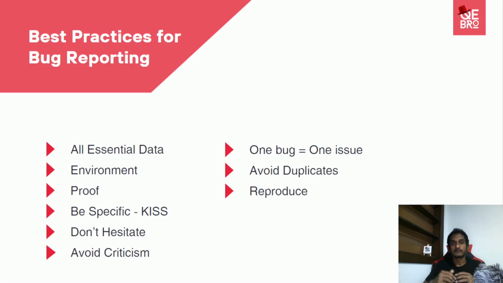But instead, if you report it as a new bug, the people might forget about the last one, and then they might have to spend more time again from scratch to go through all these details. So if it is already reported and now it is closed, and if you can reproduce it again, just go and reopen the previous bug. And as I mentioned, always try to reproduce before reporting.